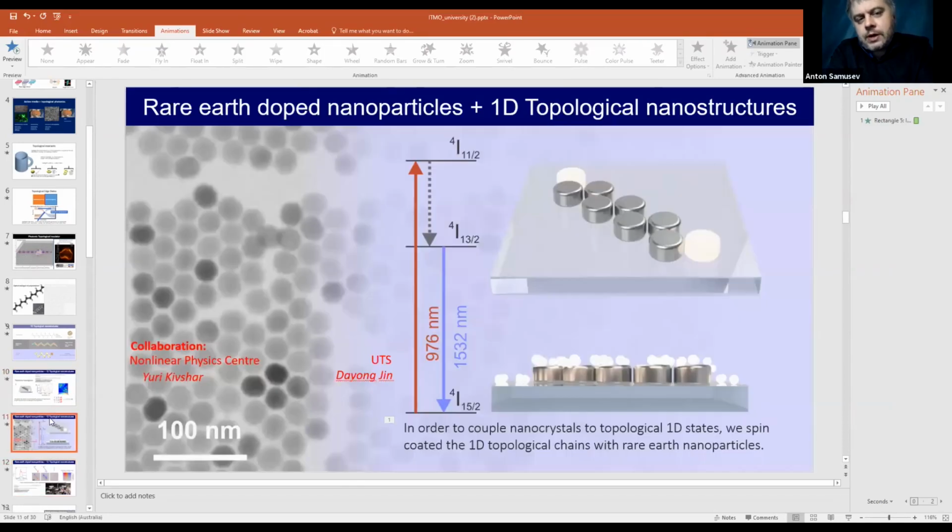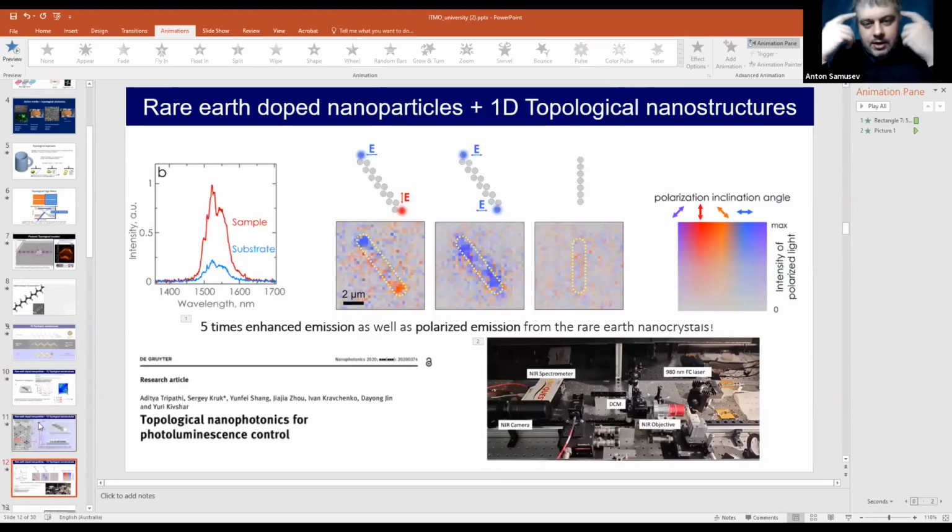So I'm just wondering, why can't you take your active medium with its emission line and take a single nanoparticle of anisotropic shape? Along one dimension, you will have the resonance which will fit the emission line, and the other one will be out of that. It could be either plasmonic or dielectric, and would also provide a polarization of the emission. So what's the advantage of the topological structure here?